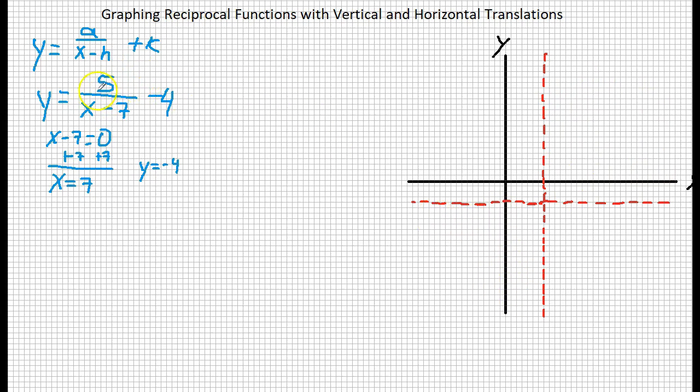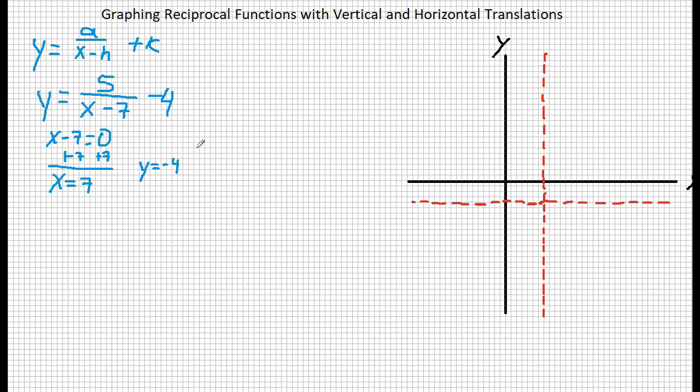If it were a negative 5, it would be here and here. Since a is larger than 1, the graph won't hug as tight to the asymptotes. It's going to be stretched away a little bit because of the value of a.